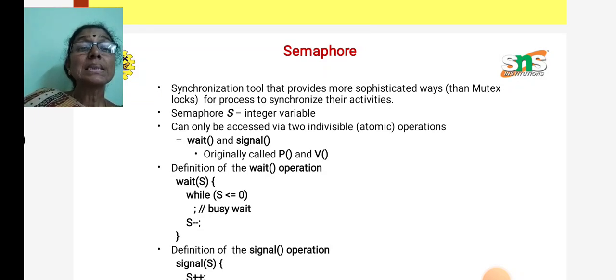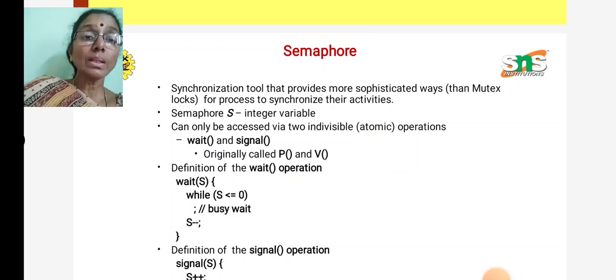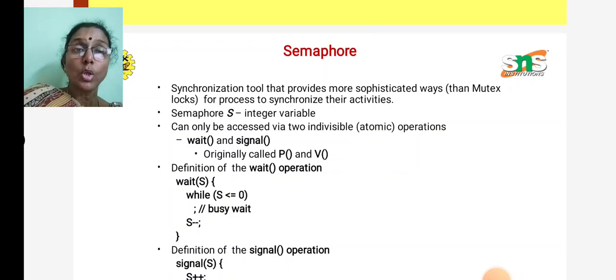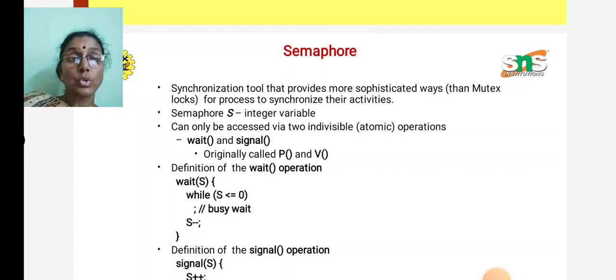So while S is less than or equal to 0, we cannot enter into the critical section, we have to wait. After that, we increase the S value, then we can use the critical section code. After using the critical section code, we decrement the S value. So that is the wait operation.